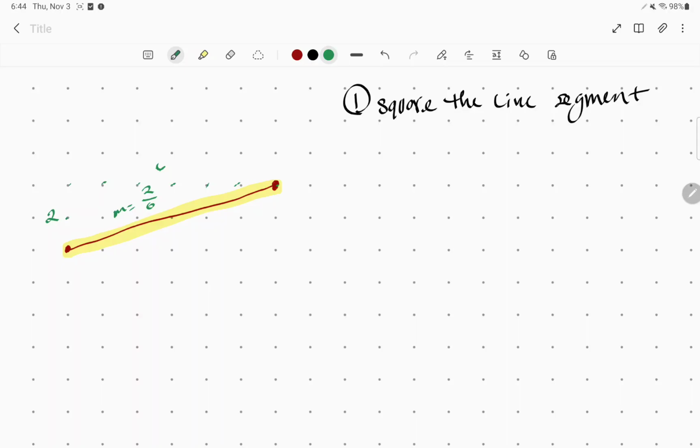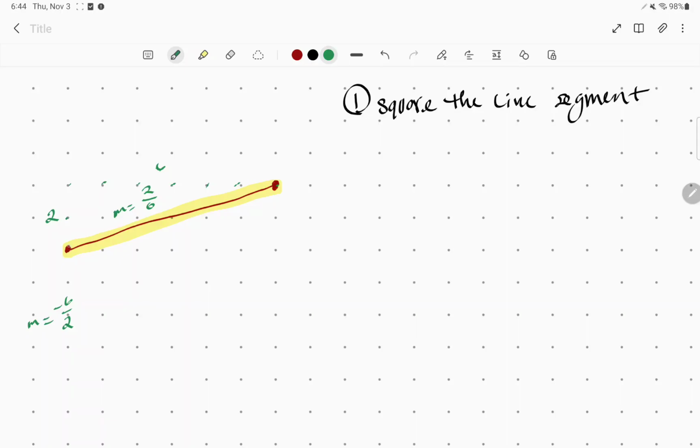Okay, because we're going to find another point, and that means that it is going to be perpendicular, and so I know that this slope over here is going to be not 2 over 6, but negative 6 over 2, because that is going to be an opposite reciprocal slope. All right, and I'll show you what I mean.